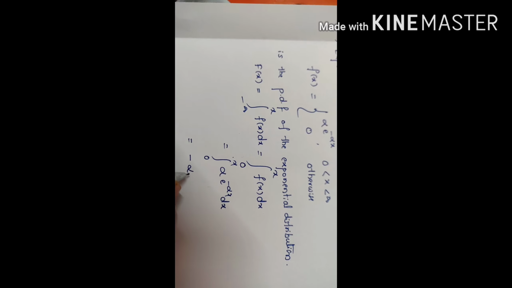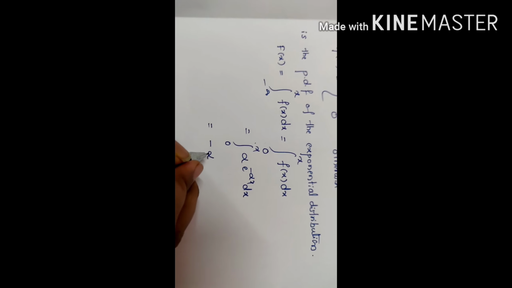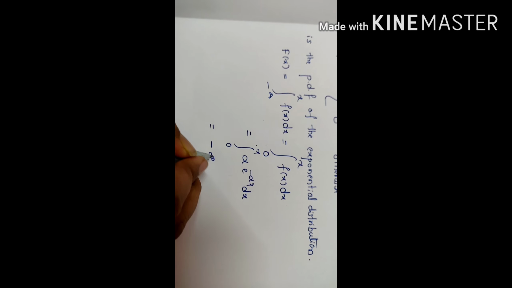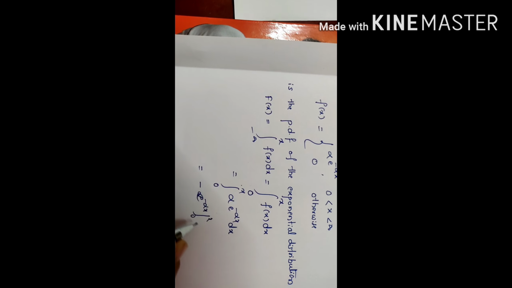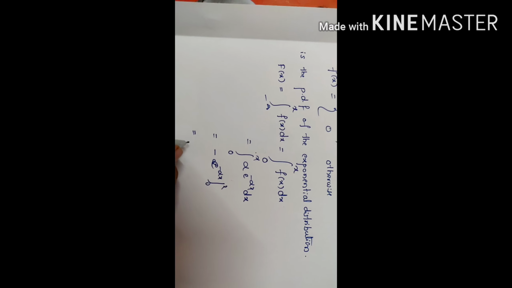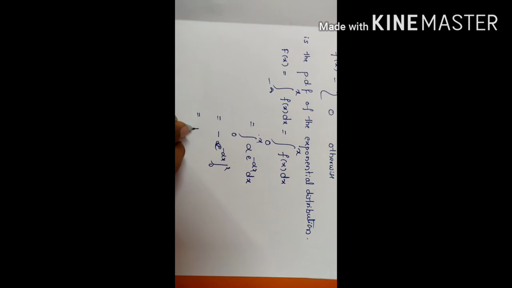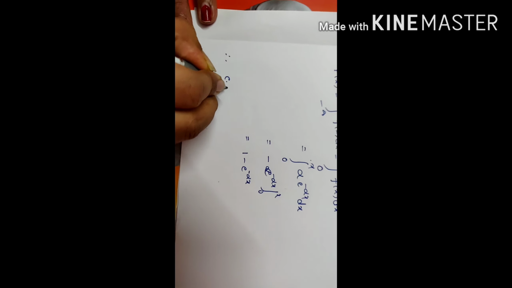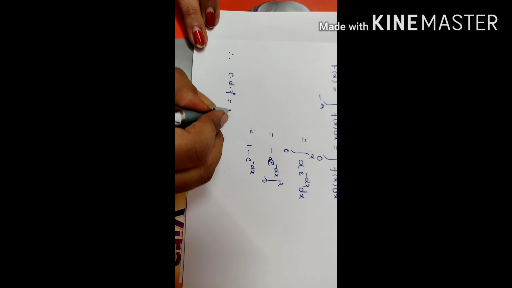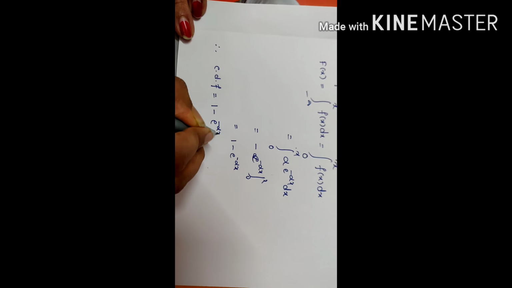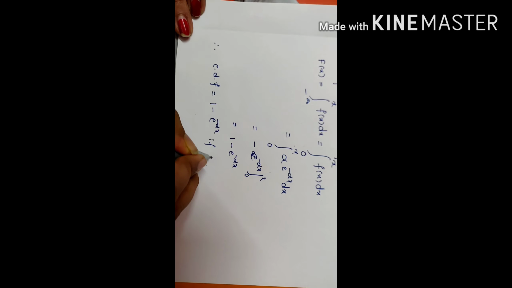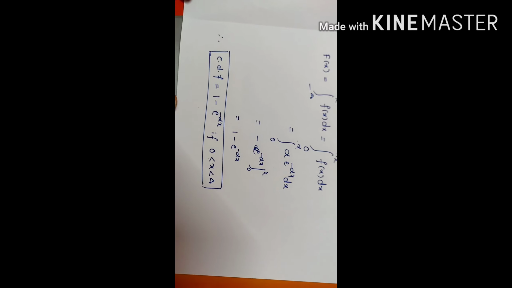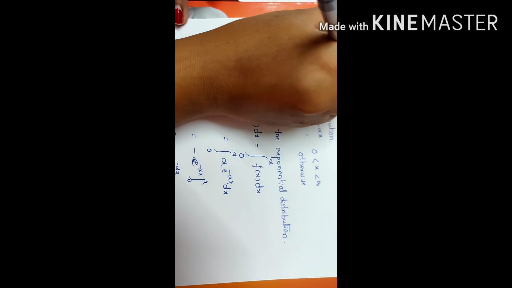Integrating this, we get minus e raised to minus alpha x from 0 to x. So it is 1 minus e raised to minus alpha x. Therefore, CDF of exponential distribution is 1 minus e raised to minus alpha x if x lies between 0 and infinity. That is the CDF of the PDF of exponential distribution.